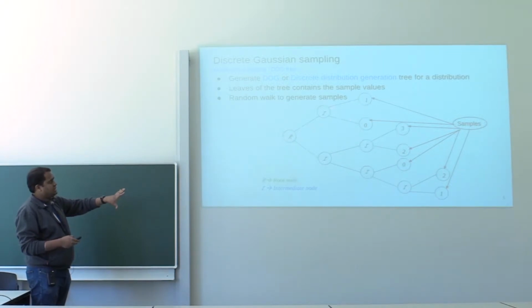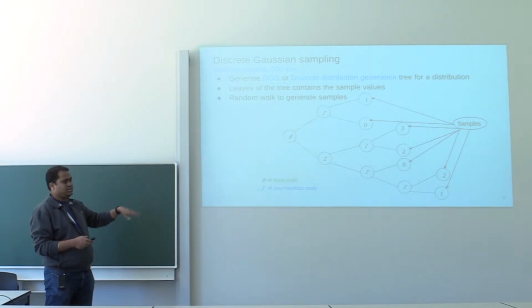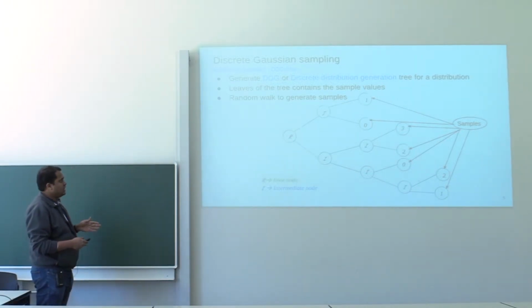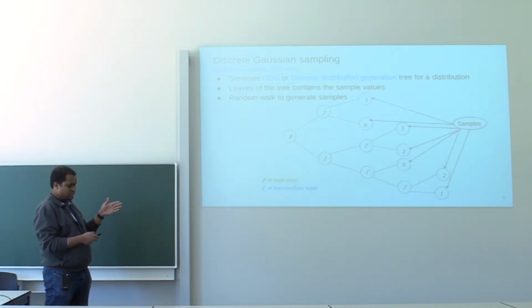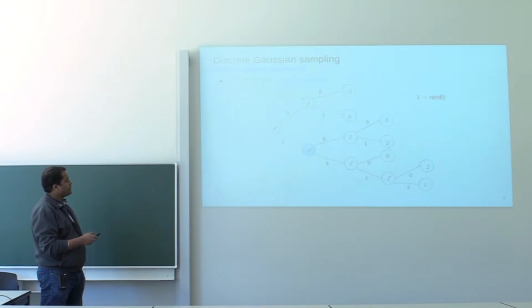How they are placed depends on the probabilities of each sample in the distribution. To generate a sample, we do a random walk from root to leaf in the DDG tree.